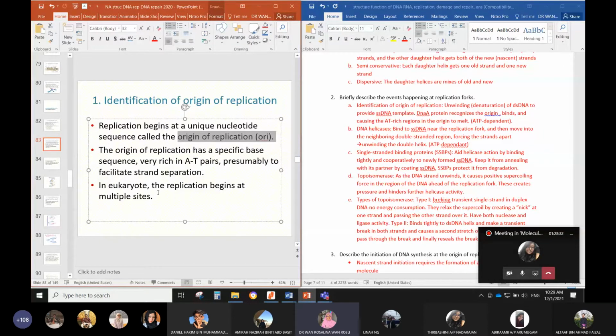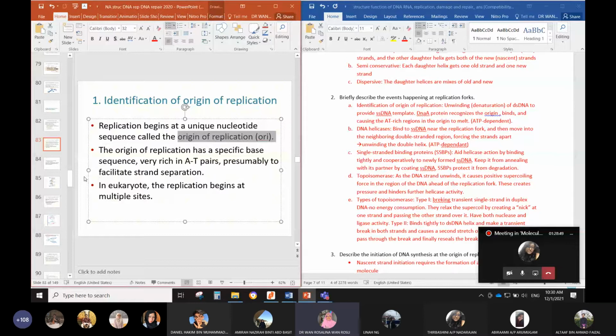Why AT pairs? If you remember, when we discussed complementary base pairing, you'll notice that the pairing between A and T only has 2 bonds, but G and C has 3 bonds.